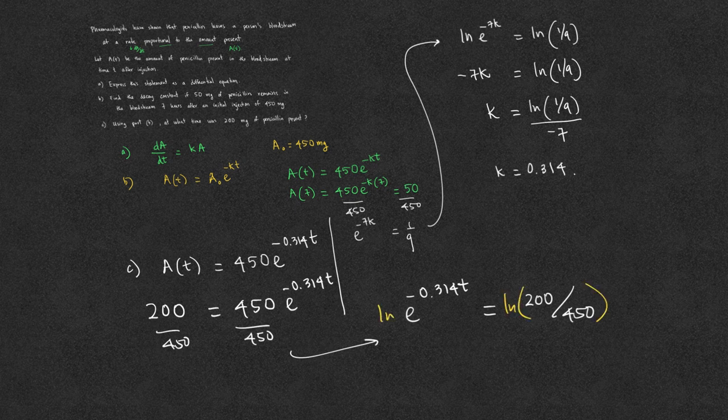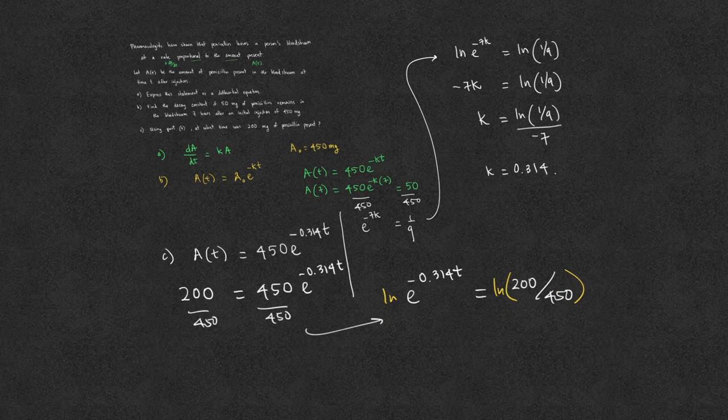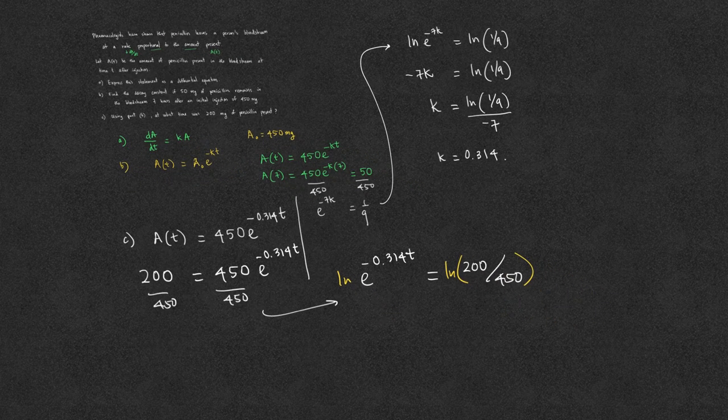No need to simplify this because we're going to use the calculator to get the final answer anyway. As good practice, we should simplify this though. ln of e cancels out, leaving us with negative 0.314 t equals ln of 20 over 45.